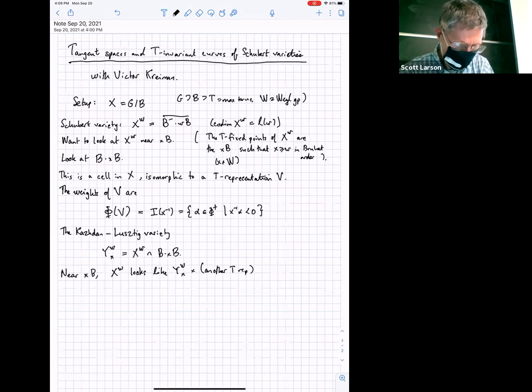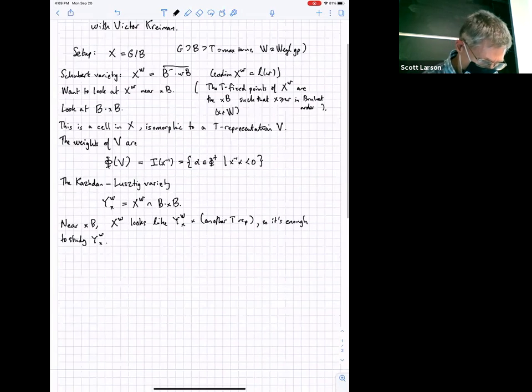So from the geometric point of view, the geometry that we're interested in is contained in YWX, so it's enough to study it. And the things we want to look at are the following.